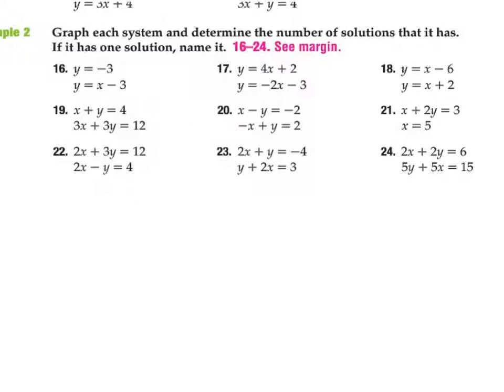Let's look at 21. That's probably the one I was looking at anyway. x plus 2y equals 3 and x equals 5.